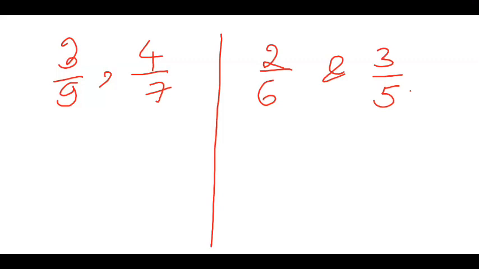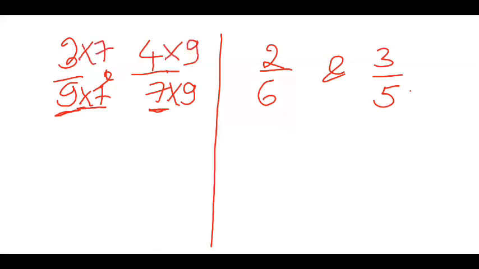First we check if 9 is divisible by 7, or 7 divisible by 9. No. So what do we do? We multiply each one, 9 times 7 and 7 times 9. If you do it for the denominator, do the same for the numerator on the left hand side, and then do the same on the right hand side.